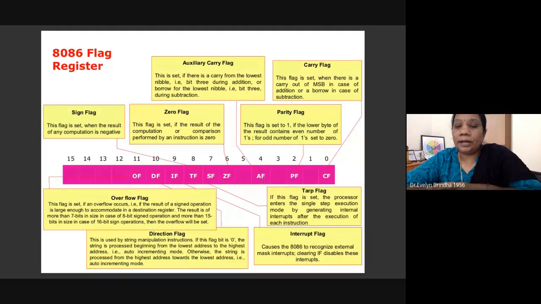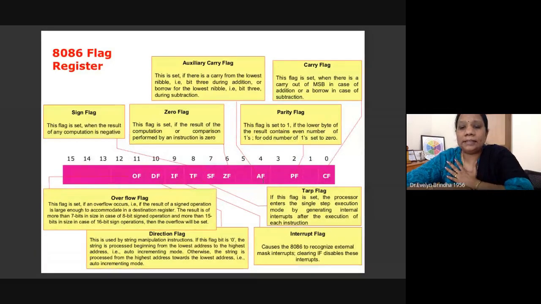That is for data security or data authentication. That is called the parity flag. More on this we will be discussing in the later part. Just remember, parity is used for data authentication, to ensure the data has been transmitted correctly from the sender to the receiver. You use the parity bit; that is called the parity flag.